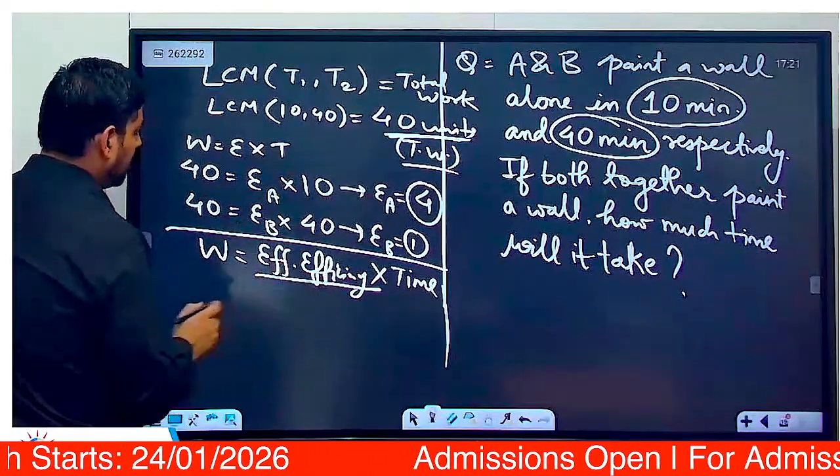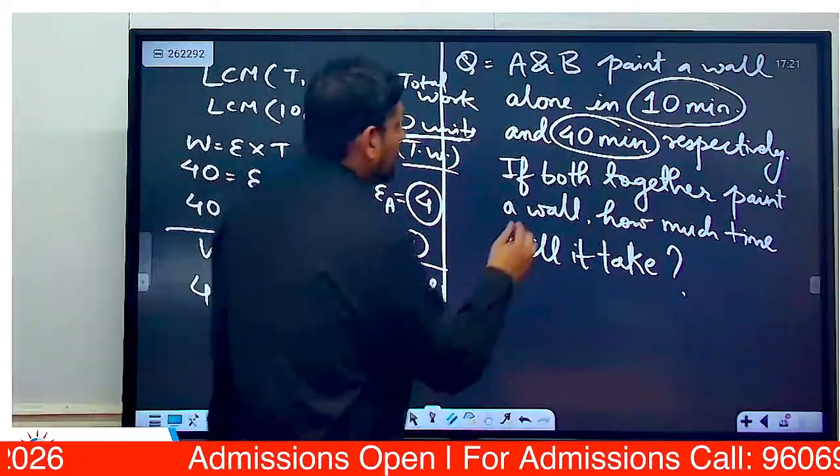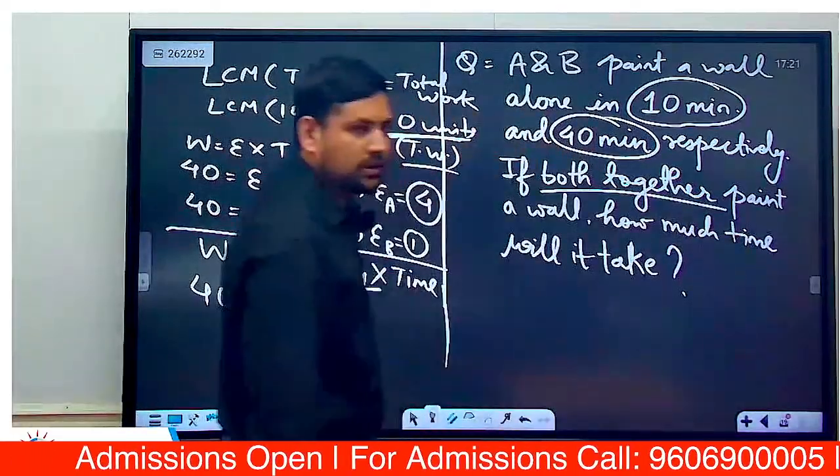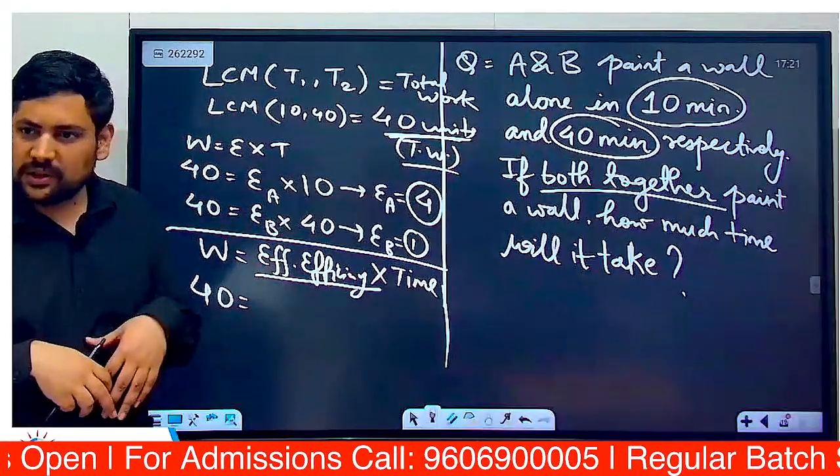So effective efficiency. So work done is still 40. Now it is saying if both of them work together, they will paint in how much time? Then if they both are working together, their efficiencies will be added.